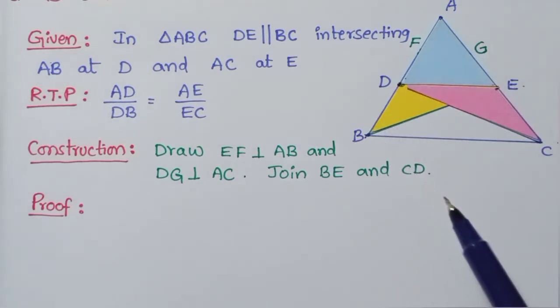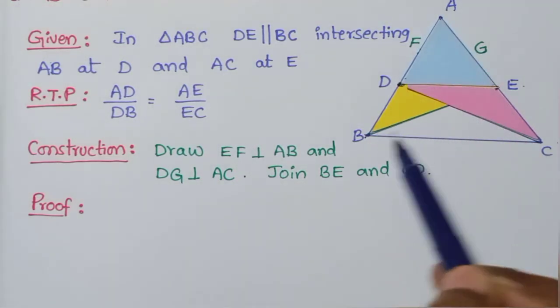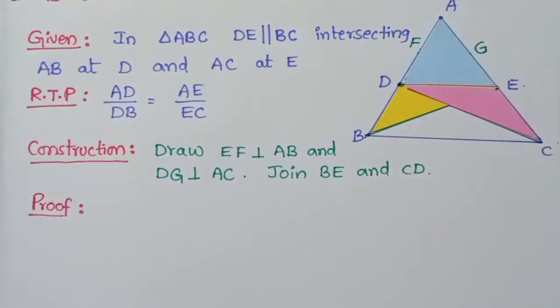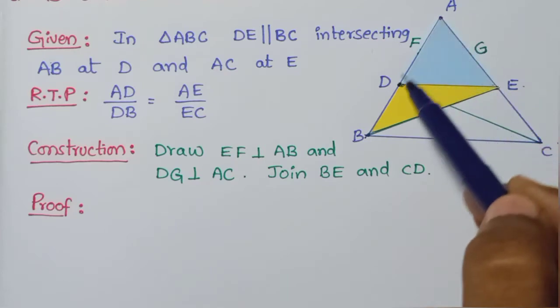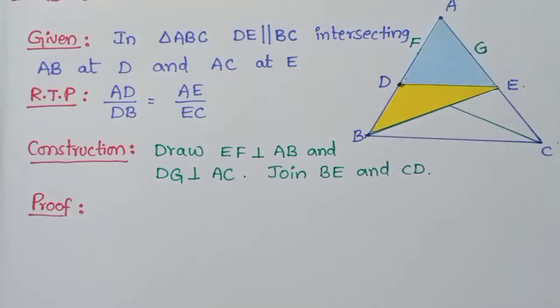Now we will compare the ratios of areas of these three triangles by taking two triangles at a time. First we will consider triangle ADE and triangle BDE.